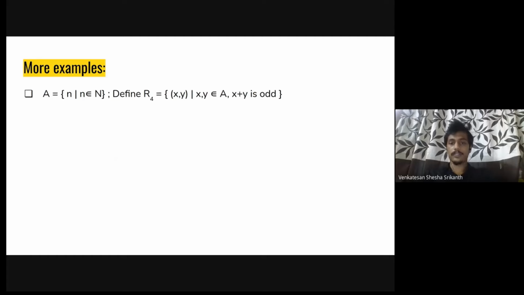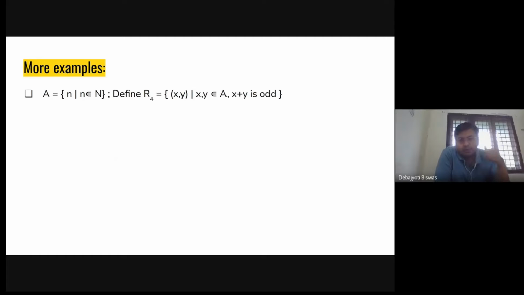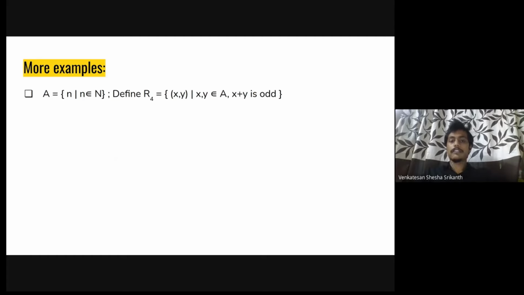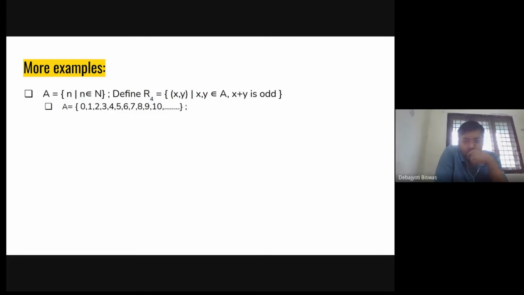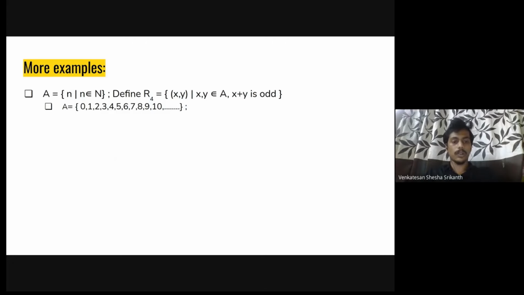This example we have seen in the reflexive topic. Now we are going to check whether this is symmetric or not. As we have said, when it is given in set comprehension form, we try to write it into explicit form if possible. So my set A will be 0, 1, 2, 3 and so on till infinity.